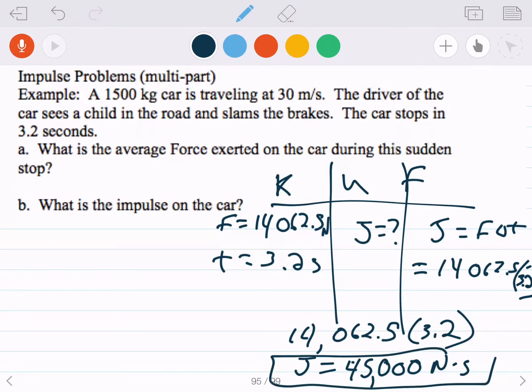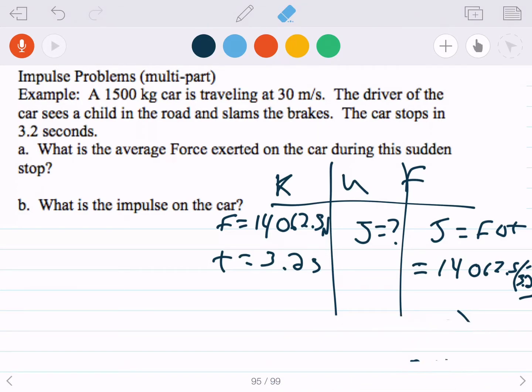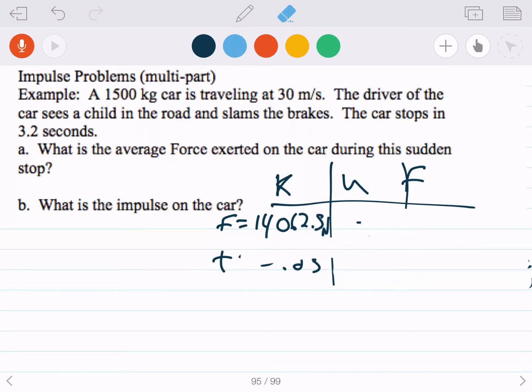So that is the answer to part B. That can get really confusing and complicated if you're not doing your KUF chart. So get that down, and now I'm going to show you a different way to do this same problem, by working it backwards.